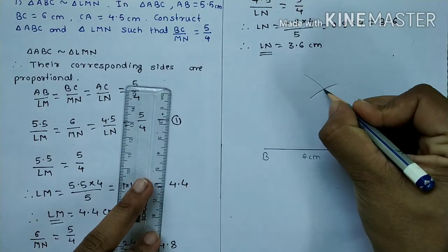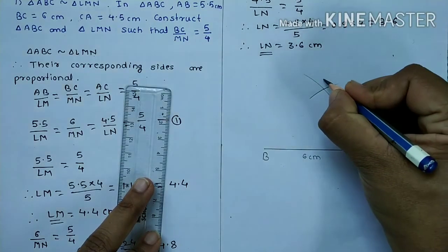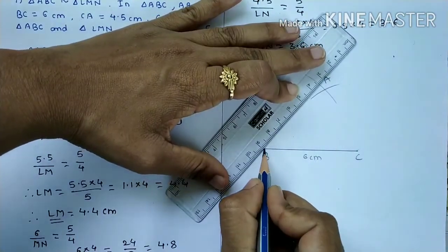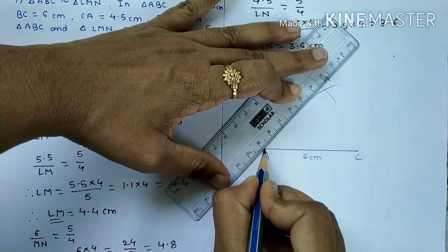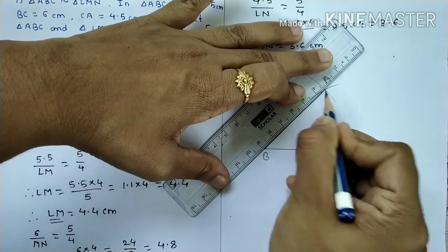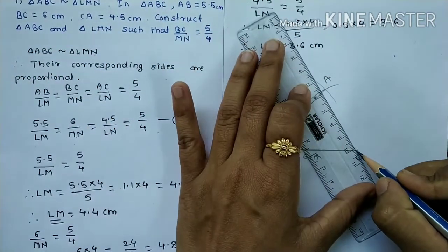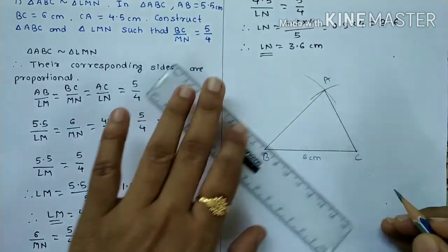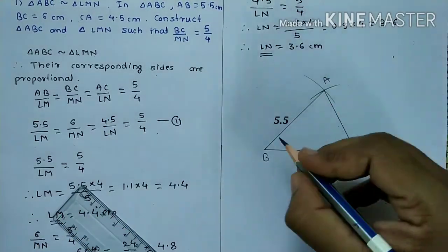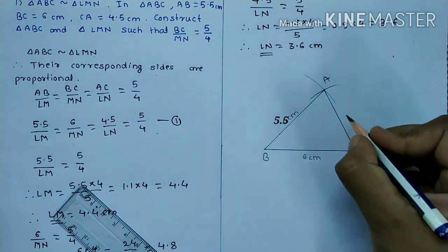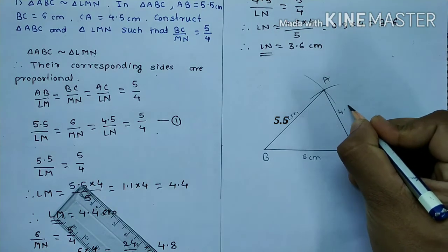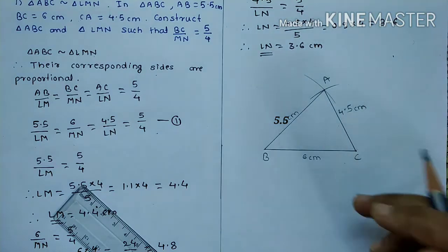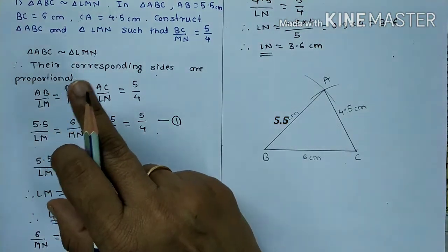This intersection point is A. Now join A and B, and A and C. Length of AC is 4.5 centimeter. In similar way we can construct triangle LMN.